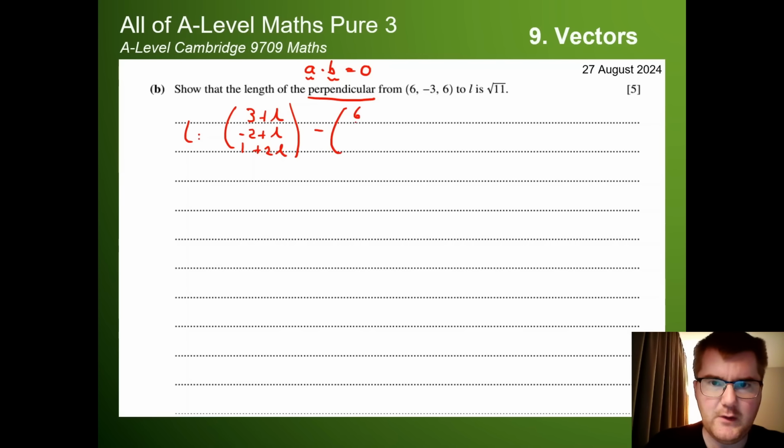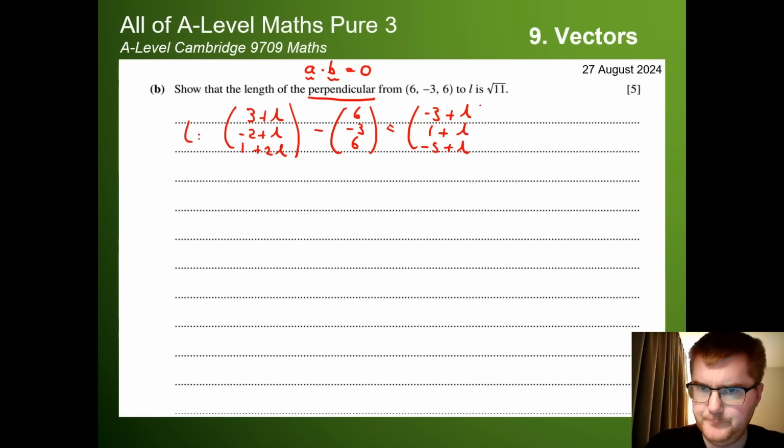So we need to take one away from the other. That then gives us (-3 plus lambda, 1 plus lambda, -5 plus lambda), careful here with negatives. Okay, so this is our vector, what's the point called? Yeah, let's just call it AL.